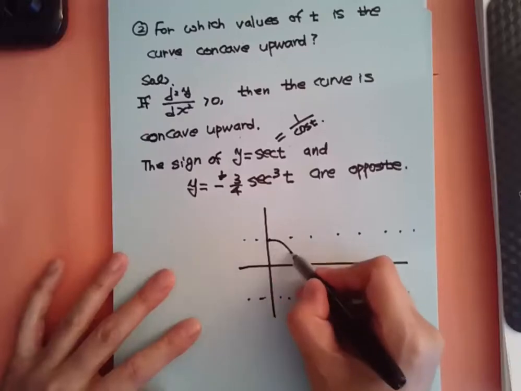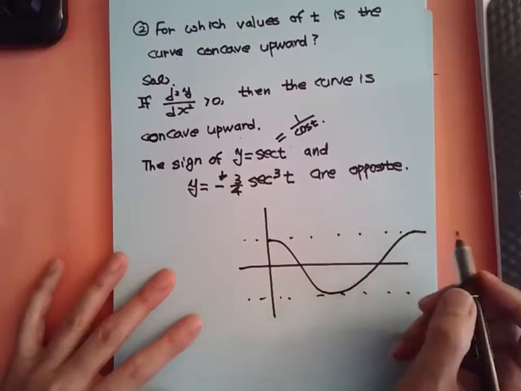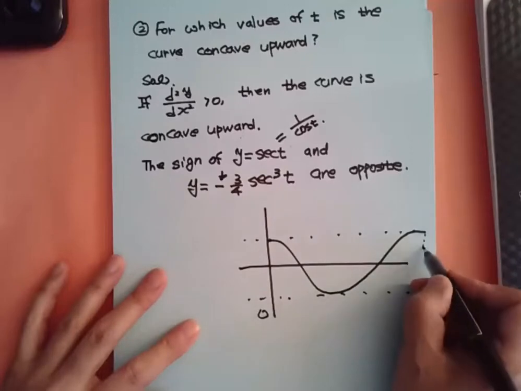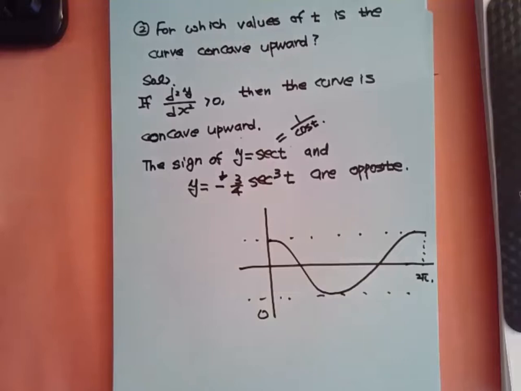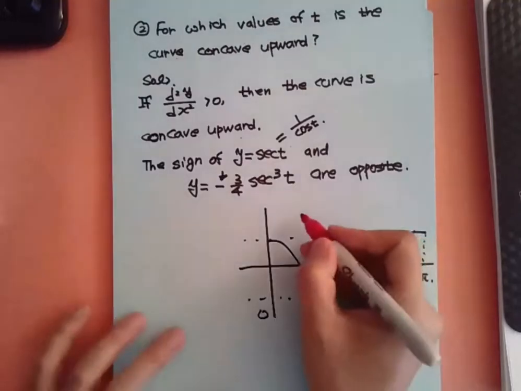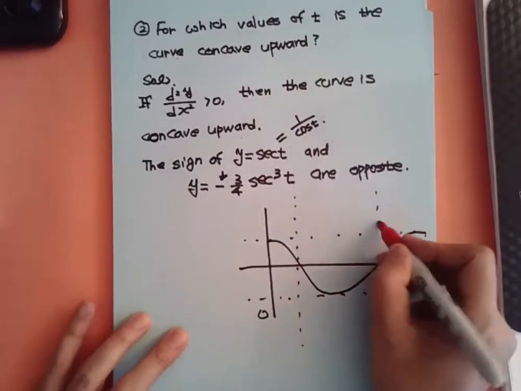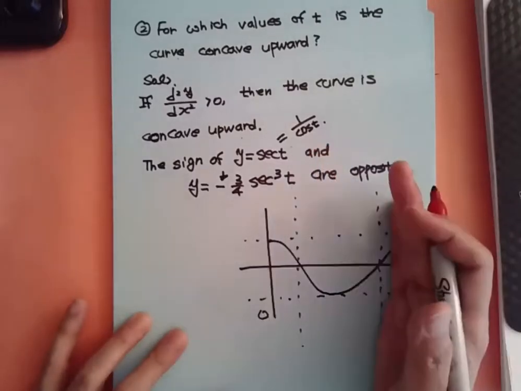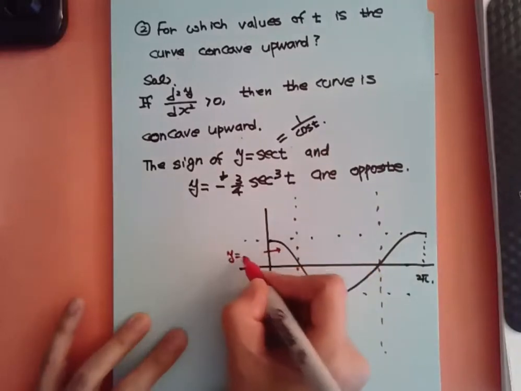So the cosine function looks like this between 0 and 2 pi. And then the reciprocal has a vertical asymptote where the cosine graph is 0.